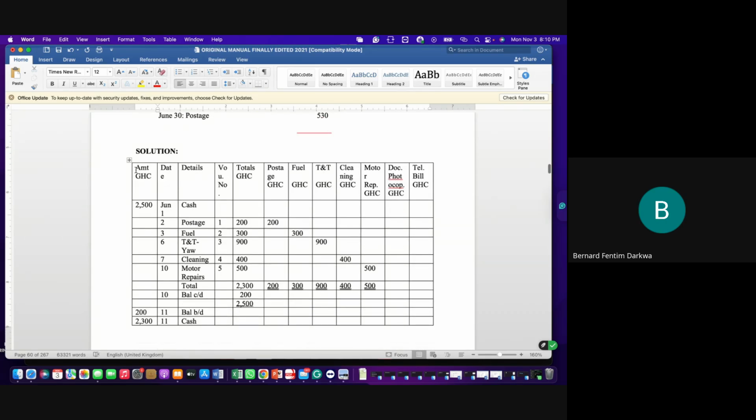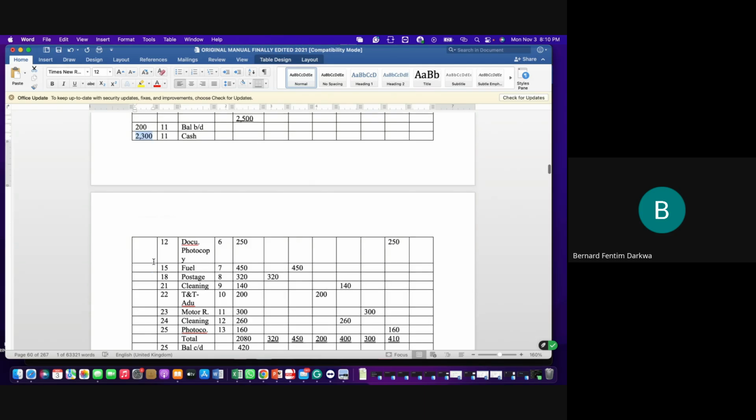When the item is under postage, you put it under postage. So we see that we have the date and the amount column, but we don't have a debit side, because petty cash has only expenses; there is no income in this account. The only receipt you make in petty cash is the amount you receive from the main cashier, the float or imprest.